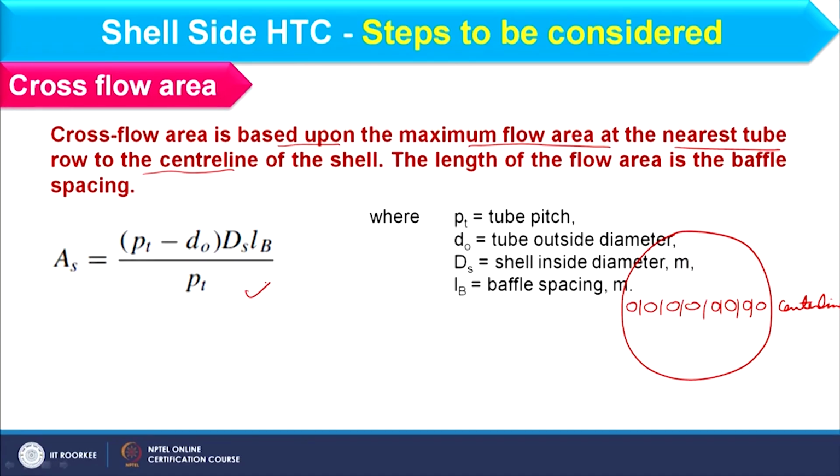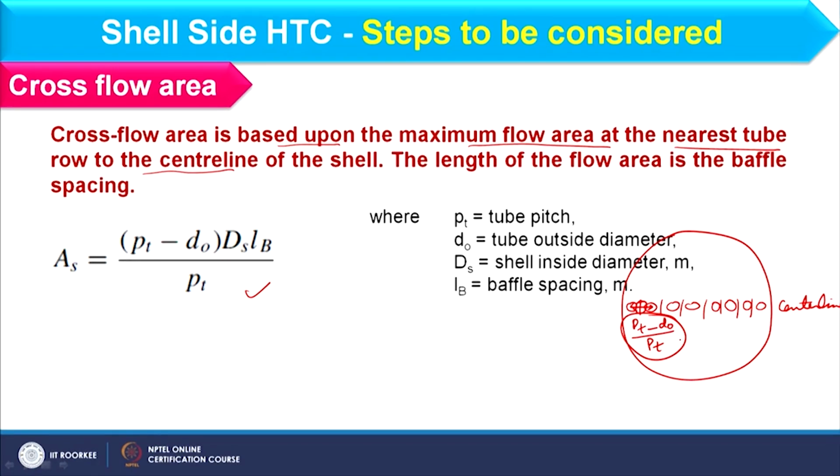So, Pt minus do by Pt, what is that? If I consider Pt, that is basically this, okay, this is Pt, and Pt minus do means I am focusing on this section, divided by Pt. So, this Pt minus do by Pt is the fraction or ratio of gap.